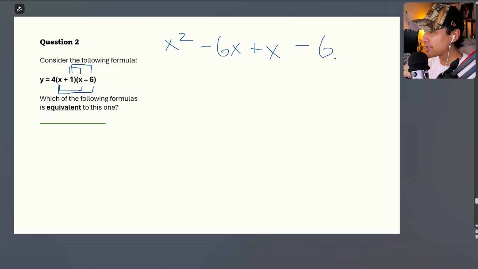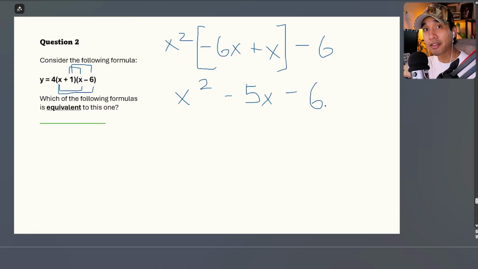That is negative 6. Perfect. And we see here that we have terms that we can combine. That is the next step. So we're just going to do it really quick. X squared, what is negative 6x plus x? That equals negative 5x minus 6. There's nothing else that we could do with this problem. There are no other terms that we could combine together.